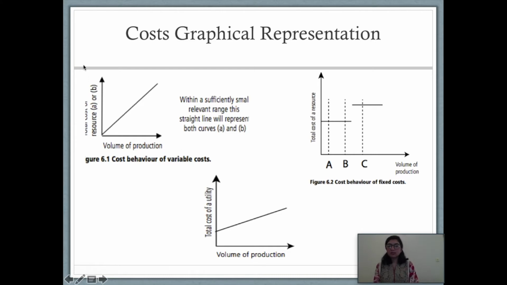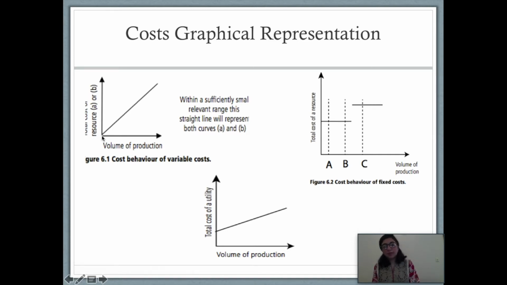As I said, on the y-axis we have the total cost, and on the x-axis we have the volume of production, right? So the behavior of variable costs is a straight line starting from the point 0. It's very important because if there is no production, there is no variable cost, right? That is exactly how I explained it.